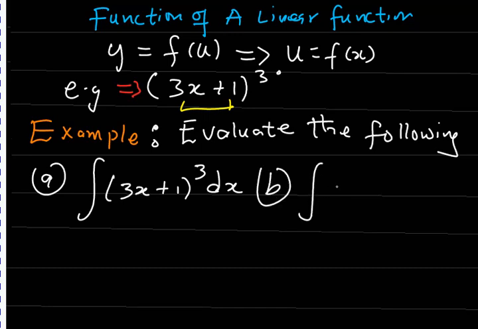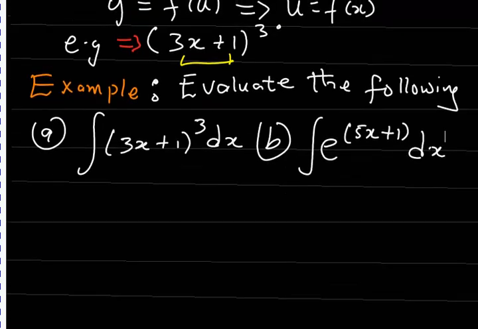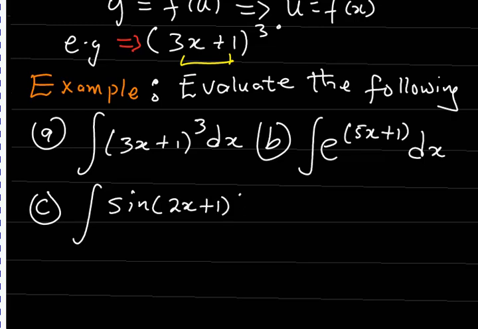B, the integral of the exponent of 5x plus 1 with respect to x. C, the integral of the sine of 2x plus 1 with respect to x.